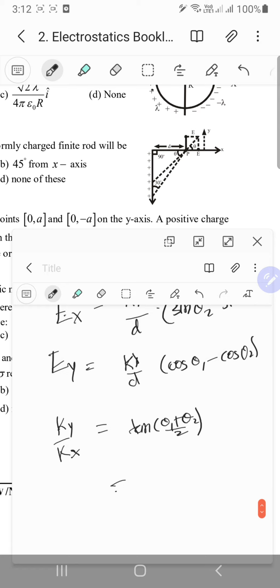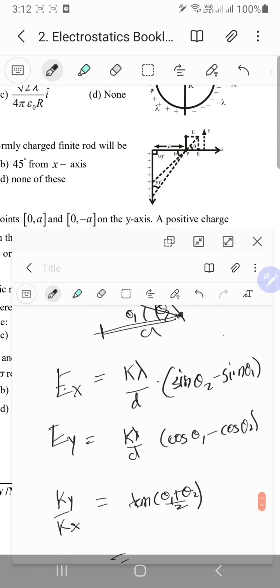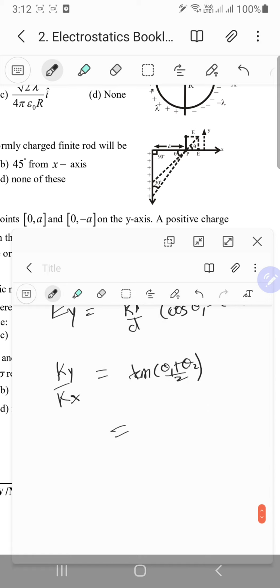What's theta 1? So the first point is this thing. Okay, it's making angle negative 60 degrees, so it's going to be tan of negative 60 degrees plus what's theta 2? Theta 2 is just 0, upon 2, so that's going to be the direction that the field has.